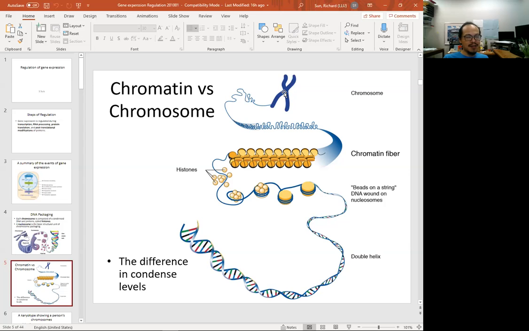Because after this process, the next step is mitosis, right? So these two chromatids will be pulled away. And so we need to pack it further to become the chromosomes. That way, when they pull it away, it won't be damaged. If it's loosened like this one, if we pull them apart, you're going to cause some kind of damage. So that is the difference between chromatin and chromosome. It's just how condensed they are.